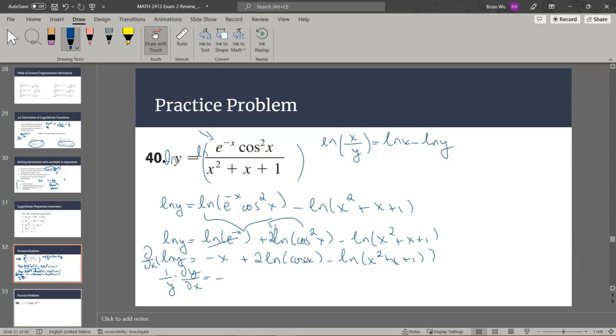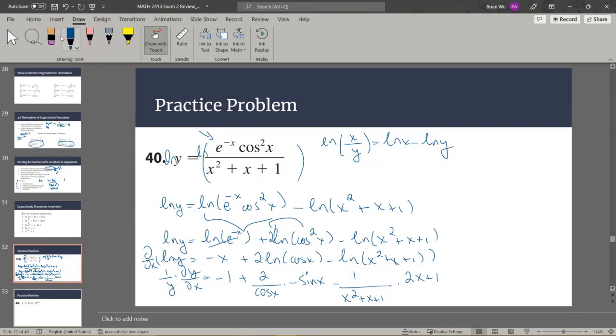We're just going to derive simply minus 1 plus 2 over cosine of x times negative sine of x. That's the inside. And it's minus 1 over the inside times the derivative of the inside, which is this one.